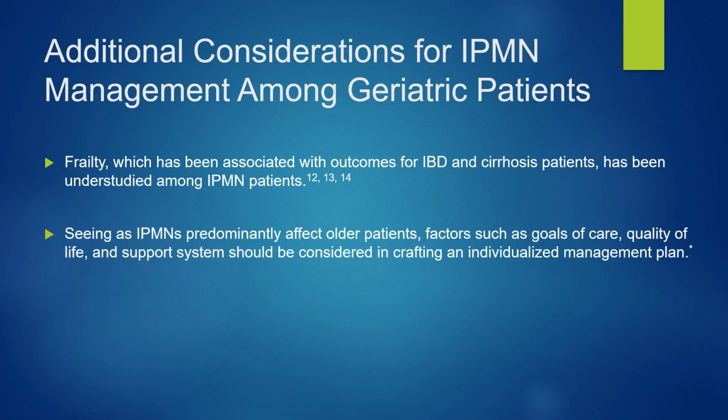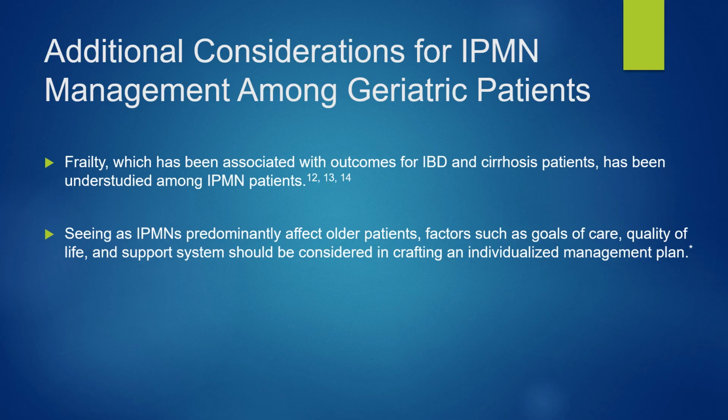And frailty is really the concept that, independent of age, certain individuals are going to have decreased functional status and physiologic strength that affects their ability to withstand certain procedures and treatments and just their overall lifespan.